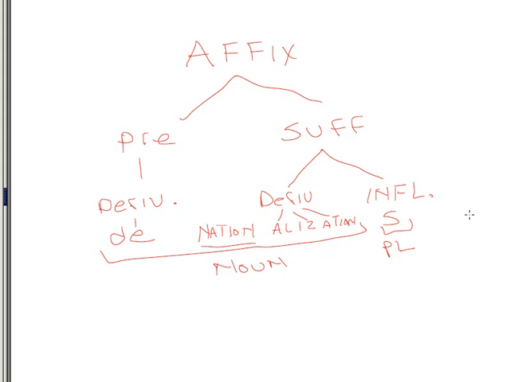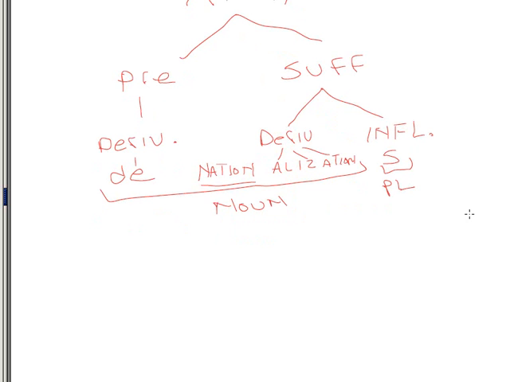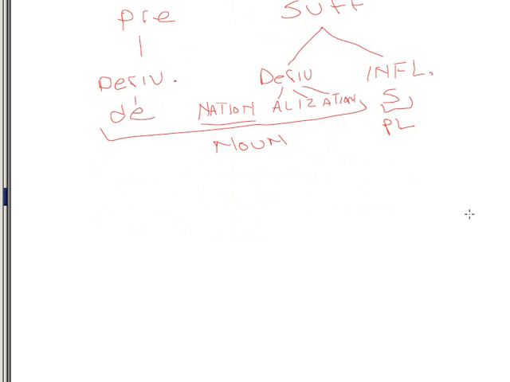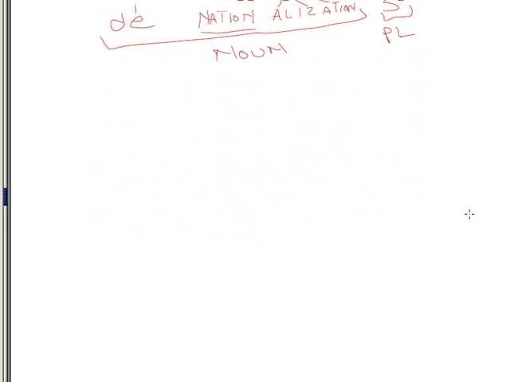Now, something else that I should go over with you besides affixes and derivational prefixes and derivational and inflected suffixes is the idea of morphemes. Let's go over some morphemes together. And morphemes are units of meaning, and we can count them.